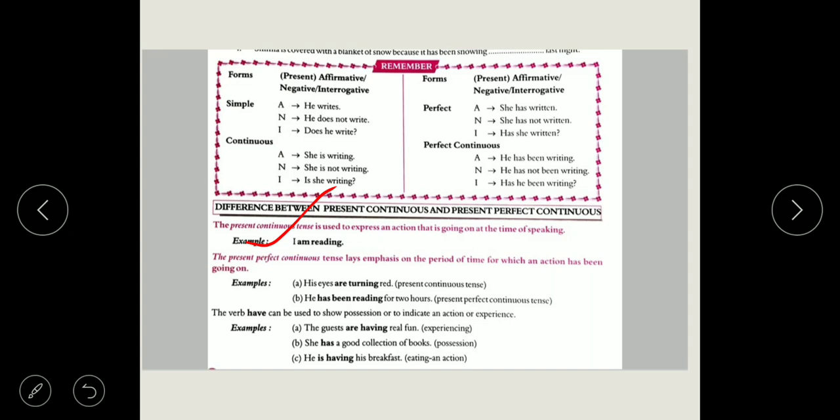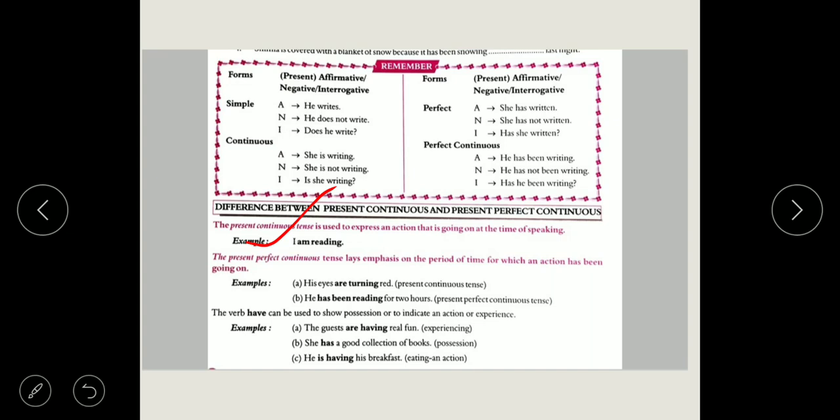His eyes are turning red, present continuous tense. And he has been reading for 2 hours, present perfect continuous tense. Like he has been reading for 2 hours.